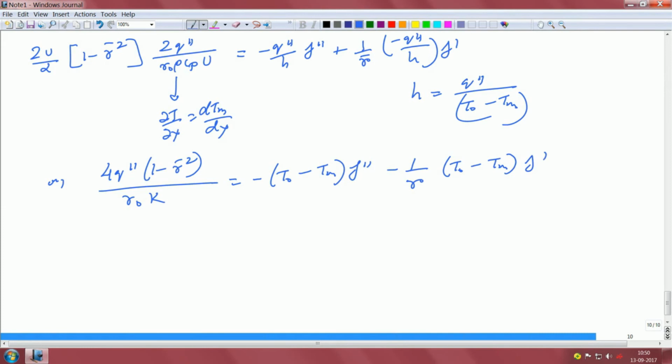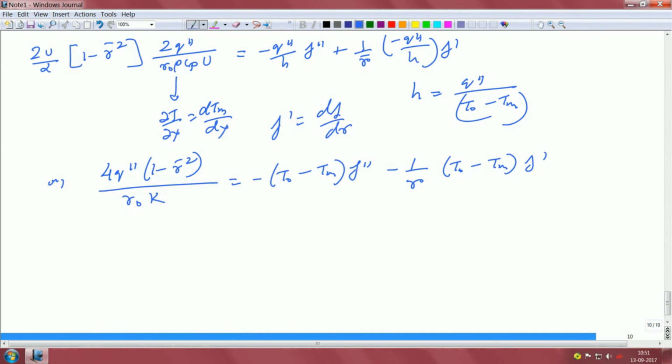Now all this f prime is basically given as df by dr, so you can convert them to the corresponding dr bar coordinate system. That is fairly easy to do.